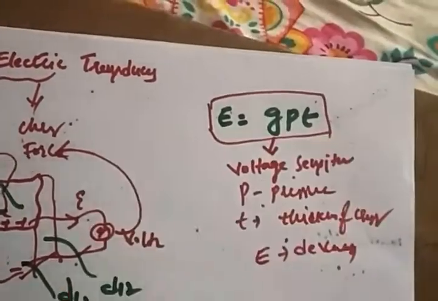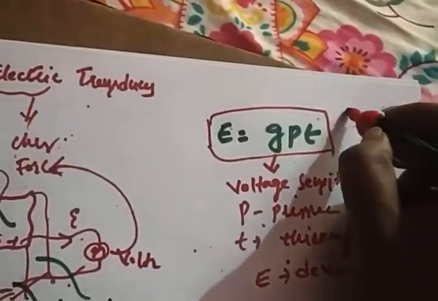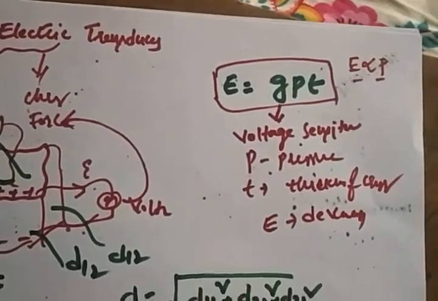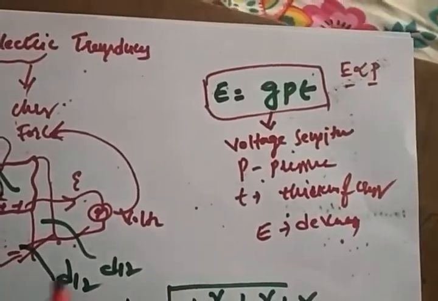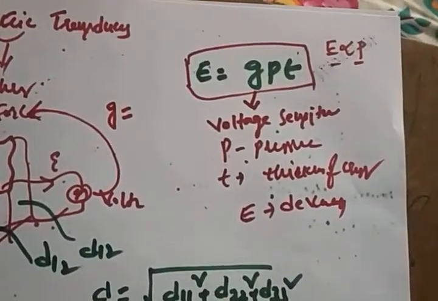How much voltage are you getting from a piezoelectric transducer? That means E is directly proportional to the pressure that you applied. It's a linear scale. So what is the equation for g? g is nothing but the voltage sensitivity.